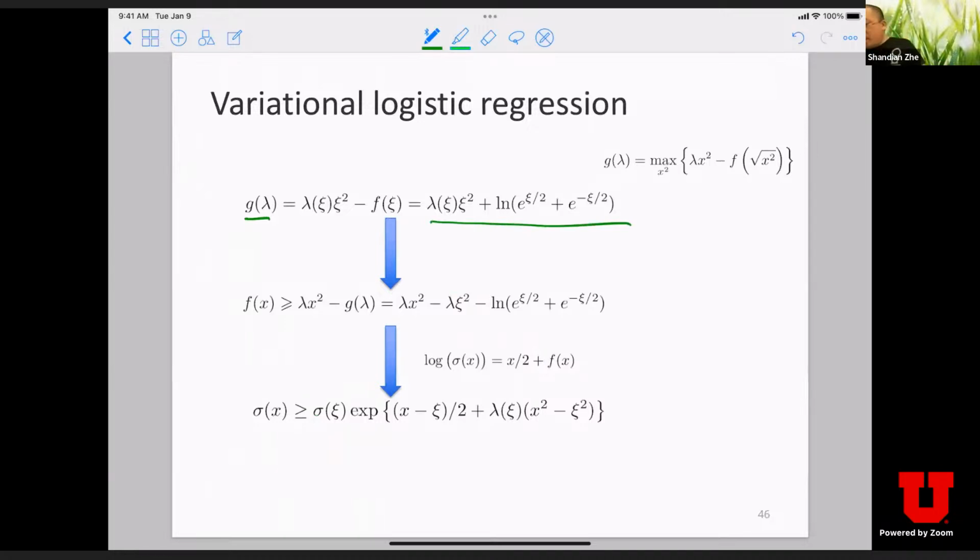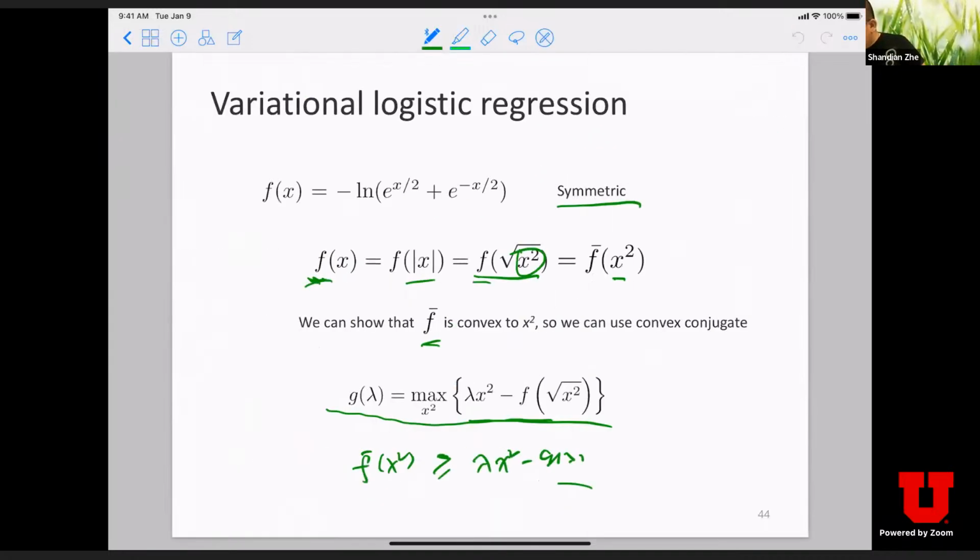And then, given g(lambda), I can construct a lower bound of my f(x). Remember, f(x) is here: minus log of e to the power of half x plus e to the power of minus half x.